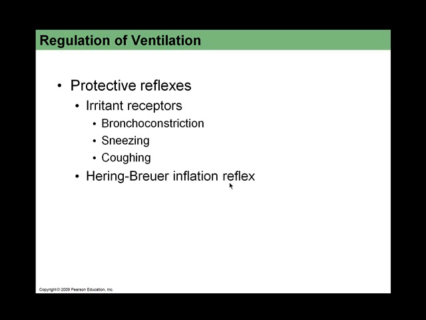So the Hering-Breuer inflation reflex is also a very important one, and it classically was described as one where you prevent overinflation of the lungs. The authors in this current edition state that it can be observed in newborn infant humans and in dogs and other species, but it rarely is demonstrated in adult humans.